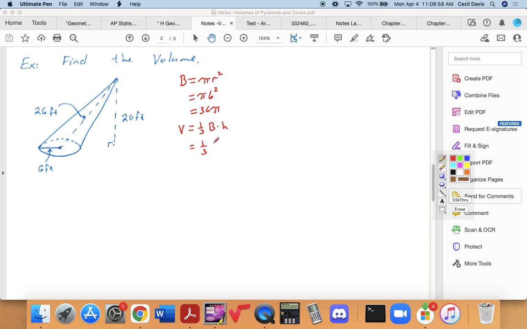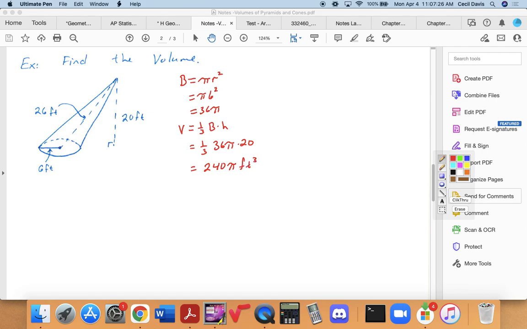So 1/3 times 36 pi. And what is the height of this? 20, not the 26. This, by the way, is called the axis of the cone because it goes from the vertex down to the center of the base.